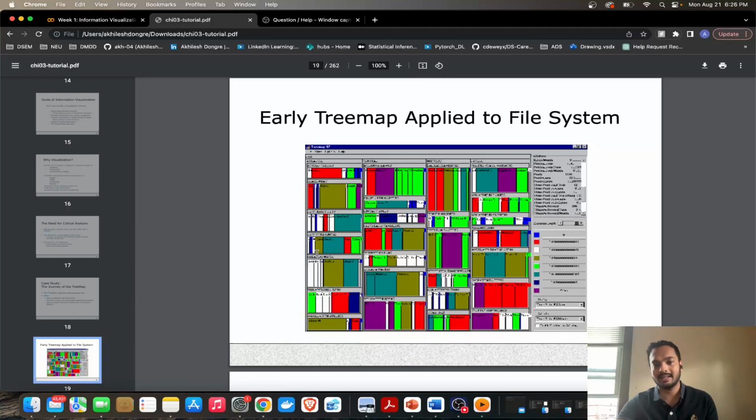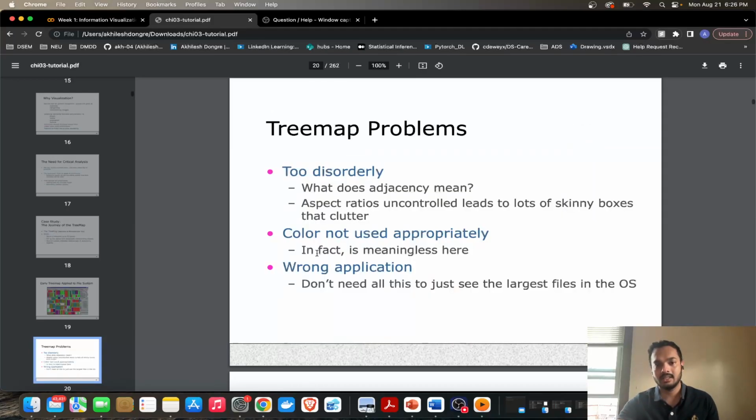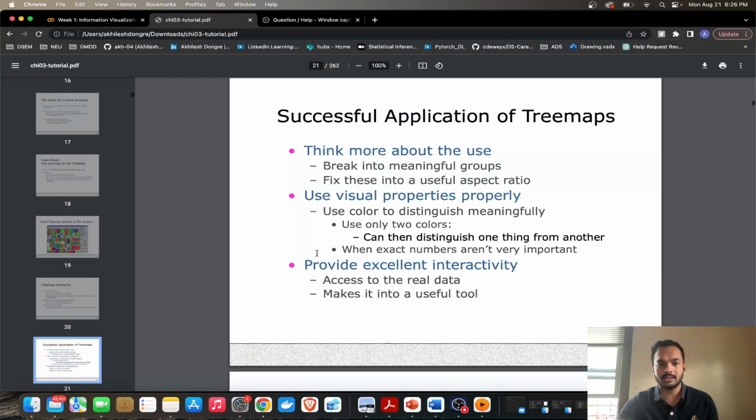This is an example of a file system shown in a tree map that is a hierarchy trying to depict how the file systems are, right? Again, tree map too disorderly cannot use. I mean, if somebody has to use it, it's not so intuitive, but still it's a visual way to understand, right?